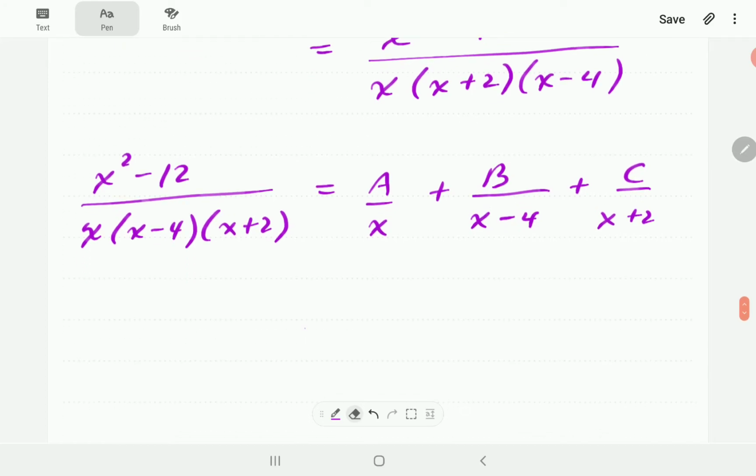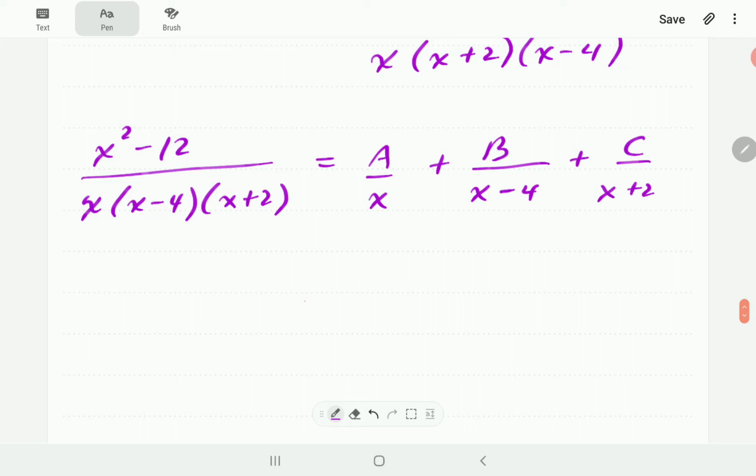Then, as we did in part 1, we're going to clear fractions by multiplying everything by the denominator. The left hand side is just going to give us the numerator. For the first term, the x will cancel out, so we're going to have A times x minus 4 times x plus 2.